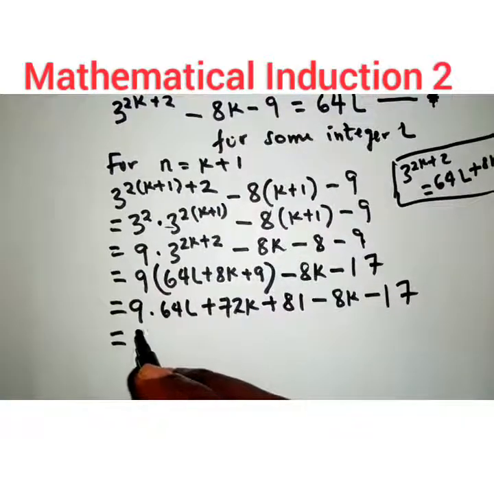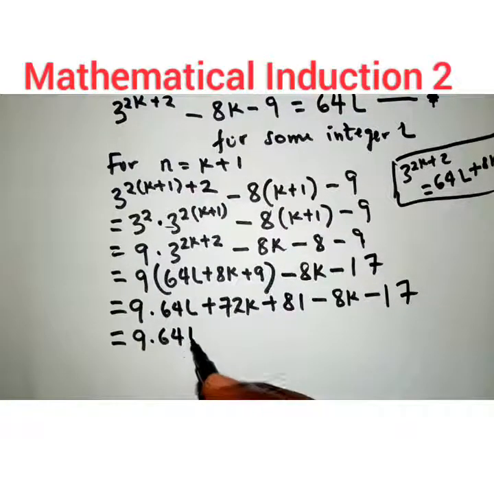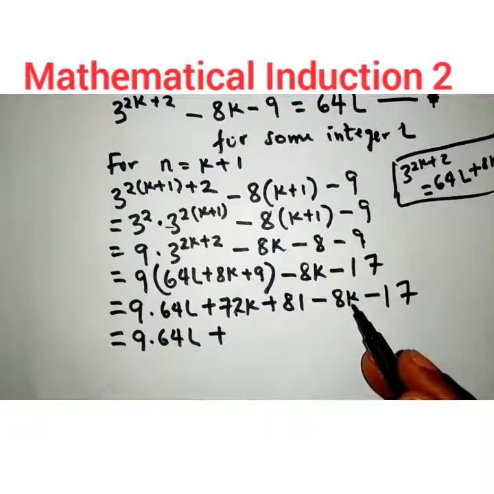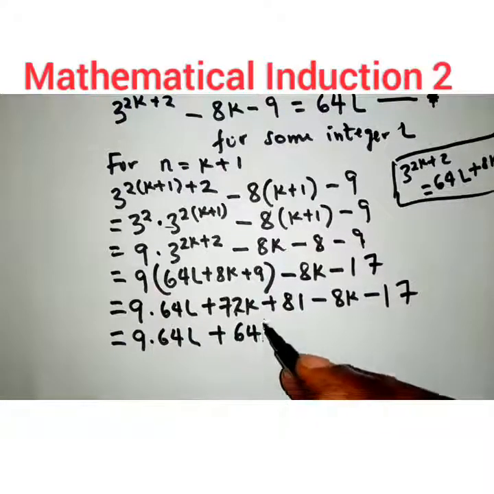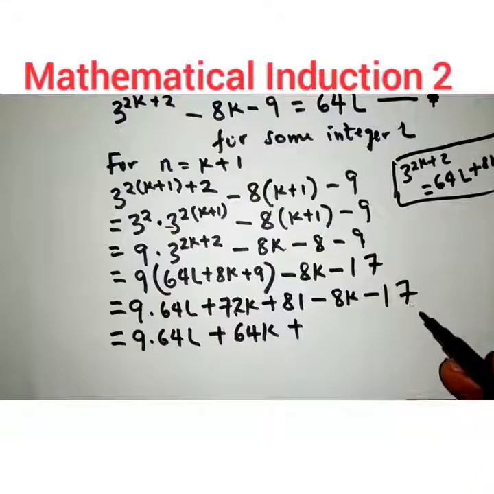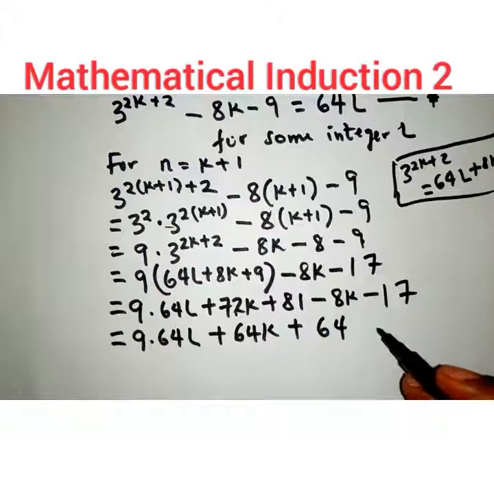Now this is equal to 9 times 64L plus 72k minus 8k gives us 64k, plus 81 minus 17 gives us 64.